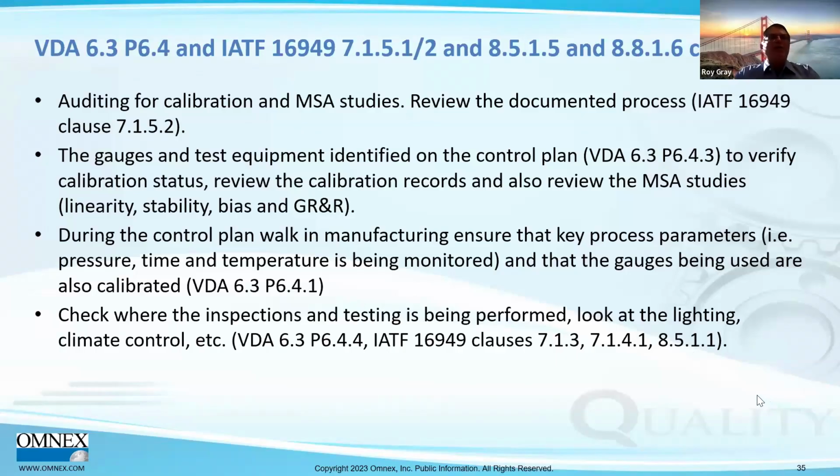So when we are auditing calibration and measurement system analysis, we need to review the document and process for that. That's required in IATF 16949, clause 7.1.5.2. The gauges and test equipment that have been identified on the control plan are a requirement in IATF 16949, also VDA 6.3, P6.4.3.